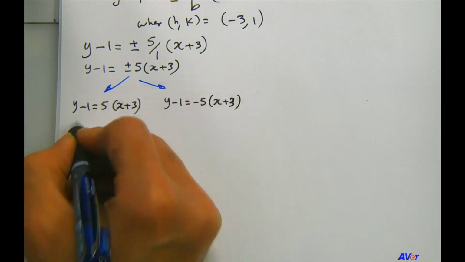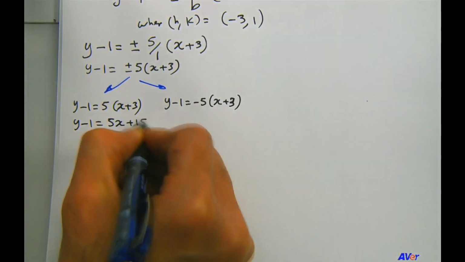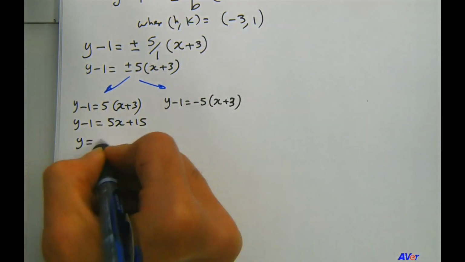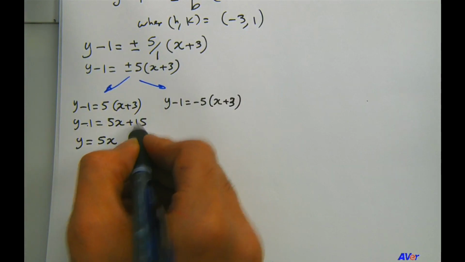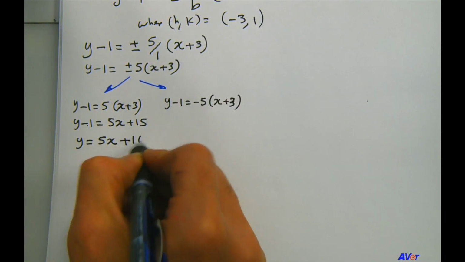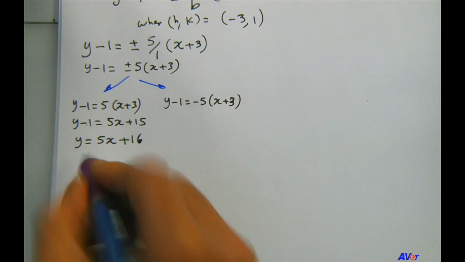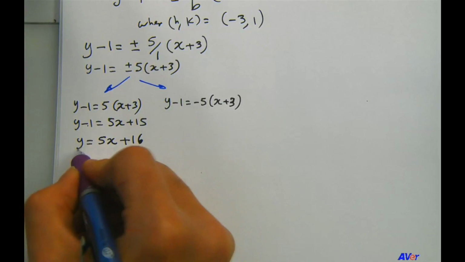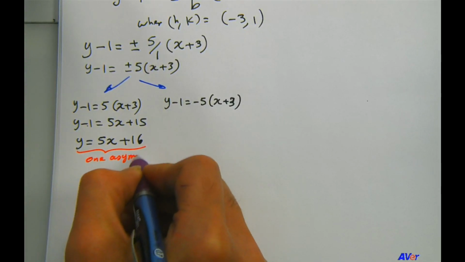And that's another one. So minus 1, move it to the other side, add it to 15. We get 16. That's one asymptote.